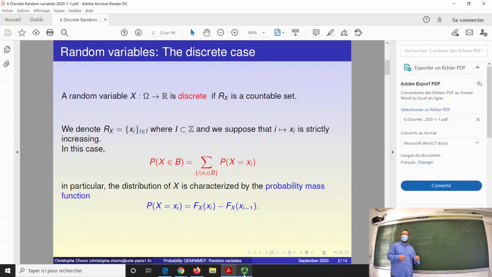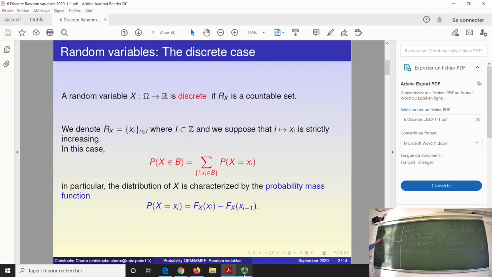So we are going to be able to do some operations that we won't be able to do in the general case, that is the case where I take values in a set that is not countable, because I am countable. Typically, you have the formula in red on the slide here. If I come back to what I reminded at the beginning, in the general case, I have defined the distribution of a random variable this way.